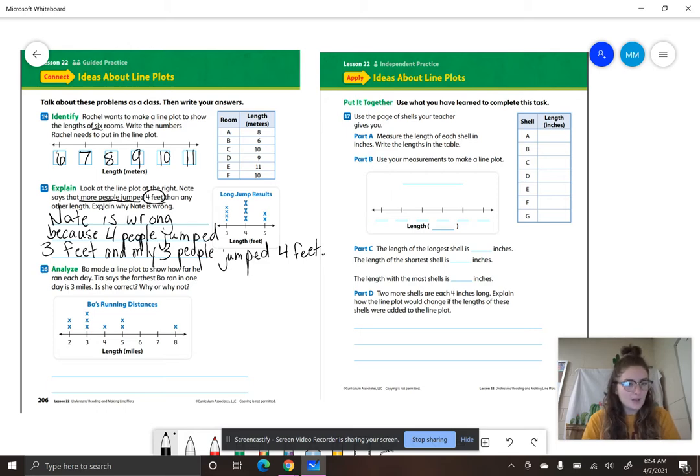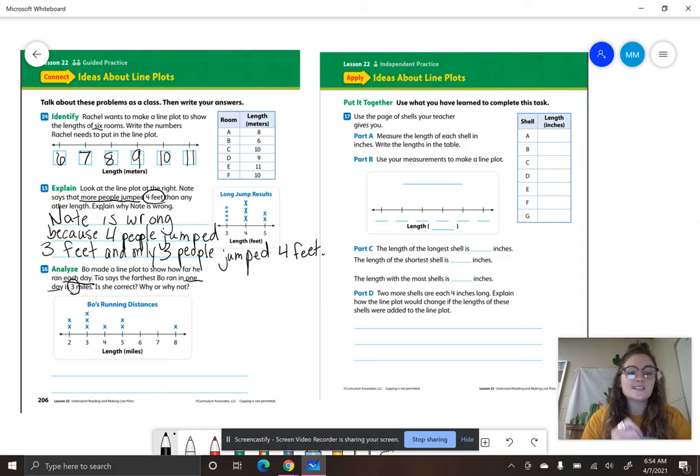Bo made a line plot to show how far he ran each day. Tia says the farthest Bo ran in one day is 3 miles. Is she correct? Why or why not? So let's look at our line plot, Smarties.